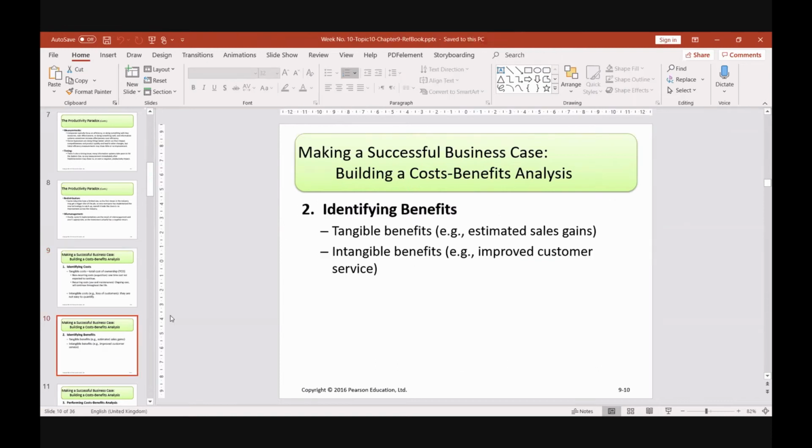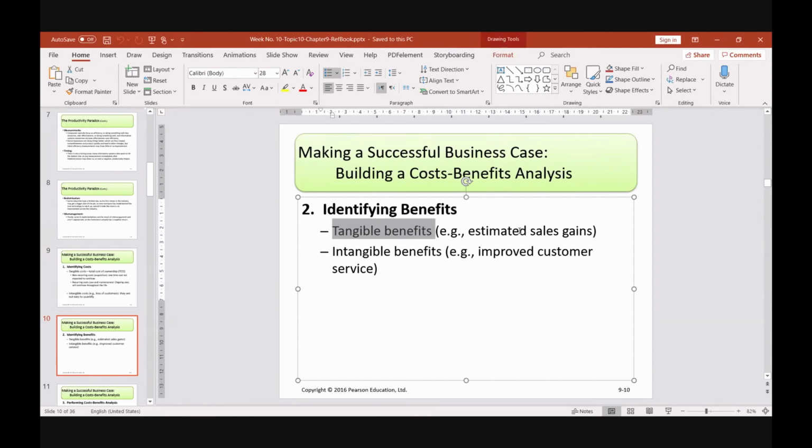So identify the benefit. What are the tangible benefits? Estimated sales gains, the numbers, the statistics. Okay, we got this profit per year, per month. How many customers are there? That will be intangible benefit. Improved customer service.